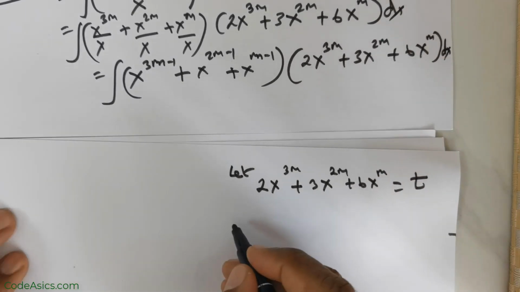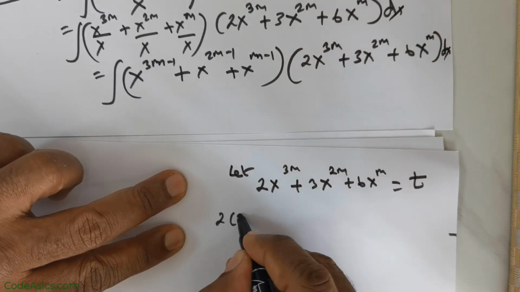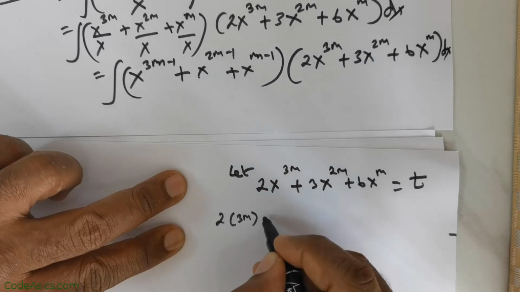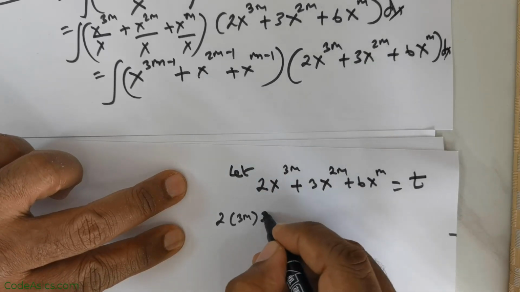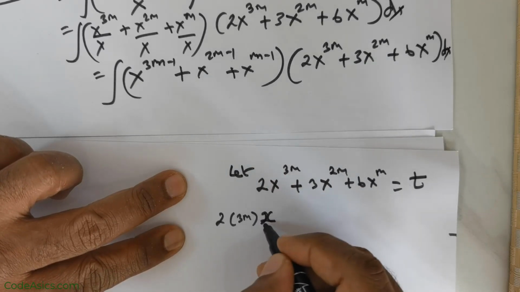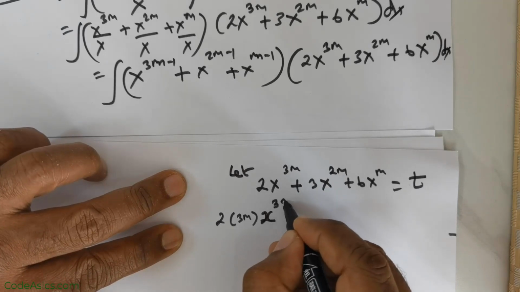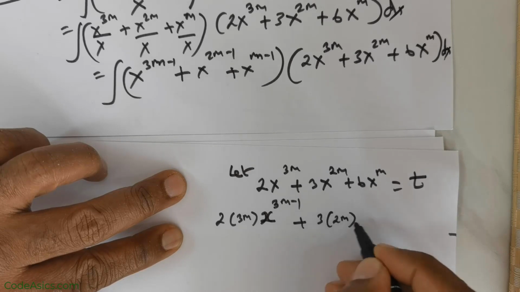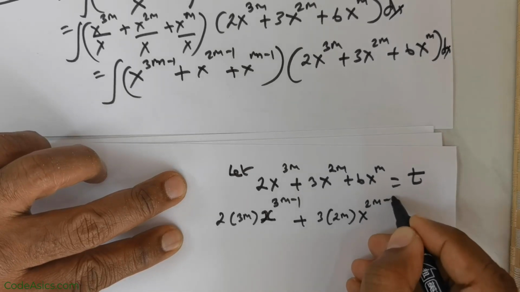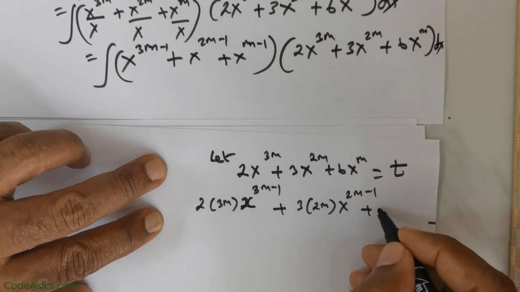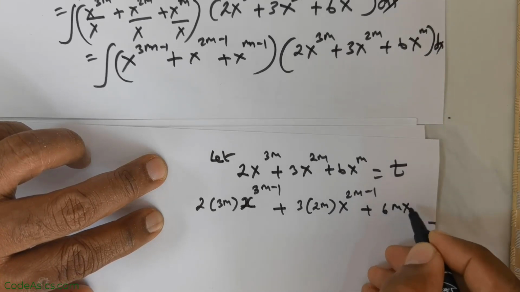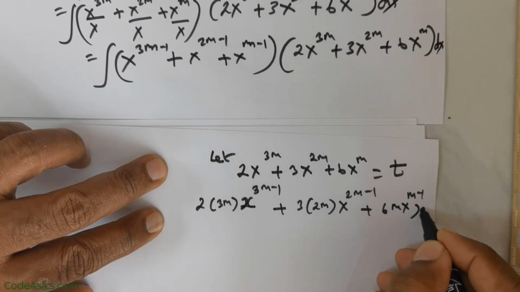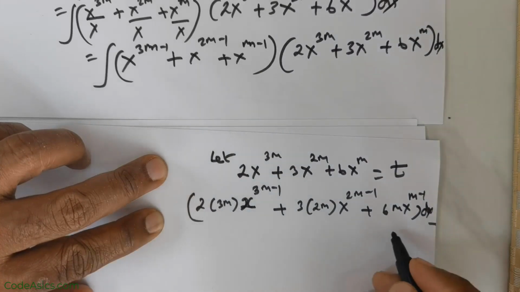So differentiating both sides, I would get 2 times 3m times x raised to the power of 3m minus 1, positive 3 times 2m times x raised to the power of 2m minus 1, positive 6 times m times x raised to the power of m minus 1, times dx is equal to dt.